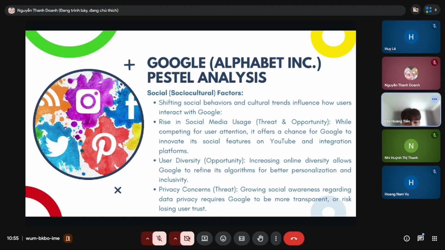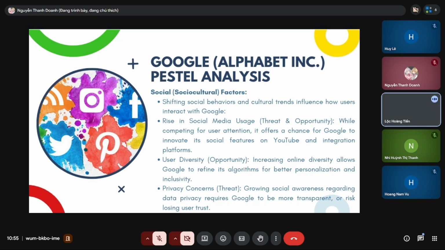The user diversity will increase online diversity, allowing Google to refine its algorithm for better personalization and inclusivity. But there are concerns about privacy. Growing social awareness regarding data privacy requires Google to be more transparent or risk losing user trust.